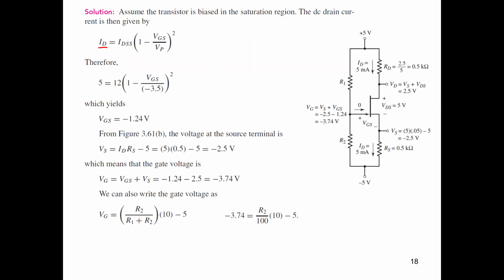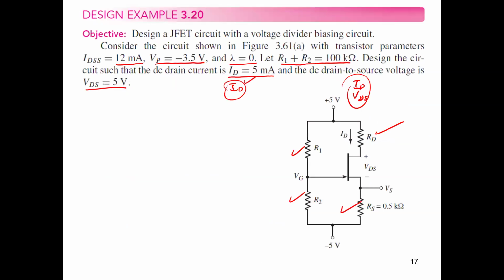From the beginning, guys, if we compare the value of I_DSS with the value of the drain current, you will figure out that this is not the saturation current of this JFET, which means V_GS is not 0.